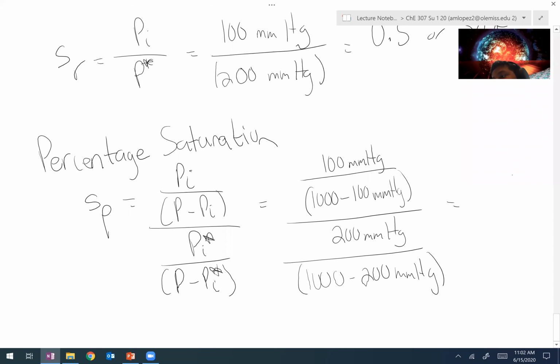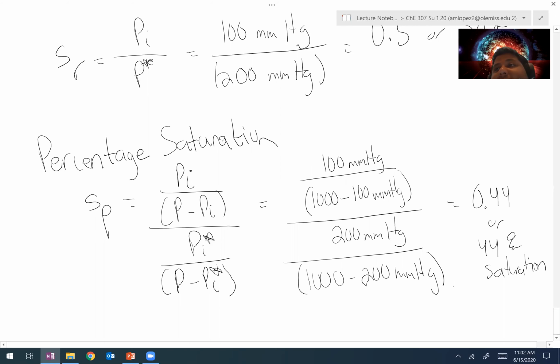Or it would be 100 divided by 900 divided by 200 over 800. And with that, we get about 0.44 or 44% in terms of percentage saturation.